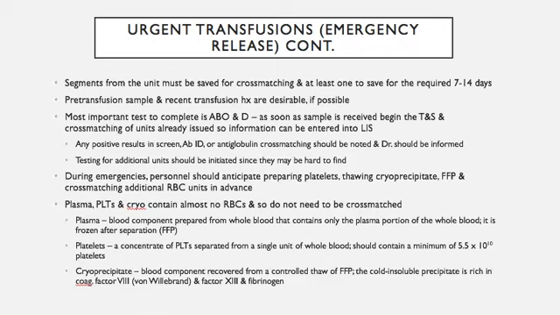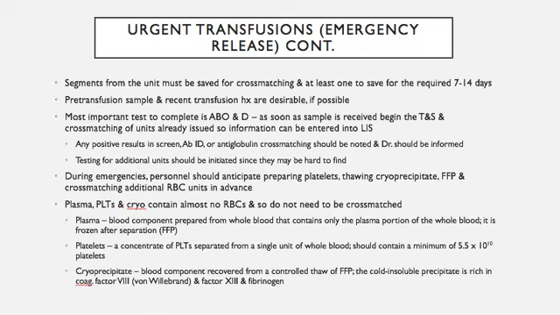Plasma is the blood component prepared from whole blood that contains only the plasma portion of the whole blood. It is frozen after separation, so it's referred to as FFP, or fresh frozen plasma. So it's frozen after preparation, but then we thaw it prior to it being transfused.